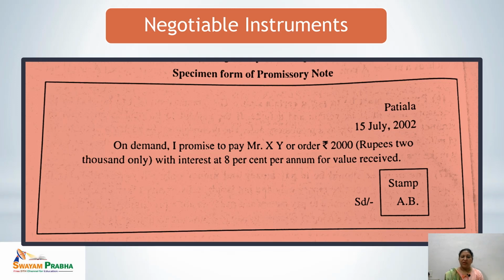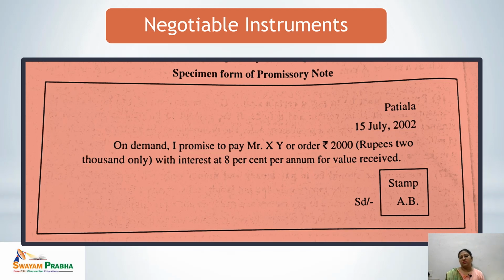That means here one promisor is making the promise to pay rupees 2000 to Mr. XY or on the order of Mr. XY, and the amount is there, the 2000 rupees, which is the requirement that it should be only in monetary form, that is present there.